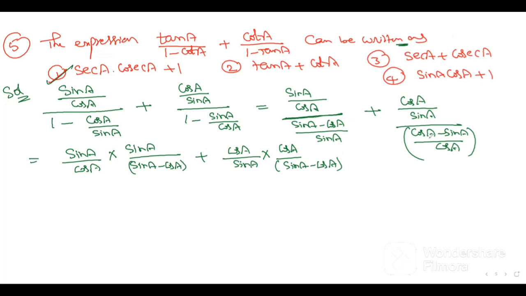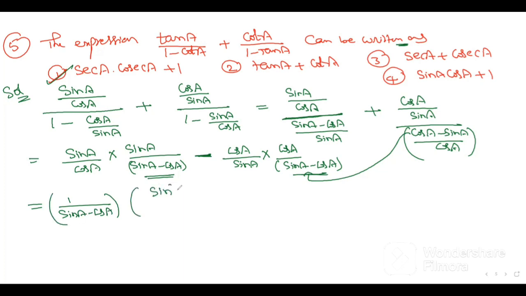Here we should take one minus common here. Here cos A minus sin A is there. We should take one minus common, right? Why? Because sin A minus cos A, sin A minus cos A, here one common value is there. I take 1 by (sin A minus cos A) common. What we get here?